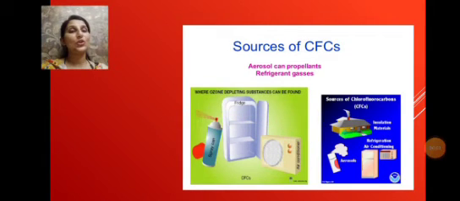What is the source of CFCs or chlorofluorocarbons? Aerosol can propellants, refrigerant gases, all these gases which are released from air conditioners, refrigerators, aerosols from deodorants. All these are the sources of chlorofluorocarbon, which is accelerating the depletion of the ozone layer.